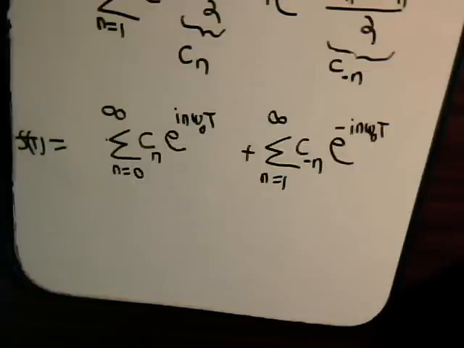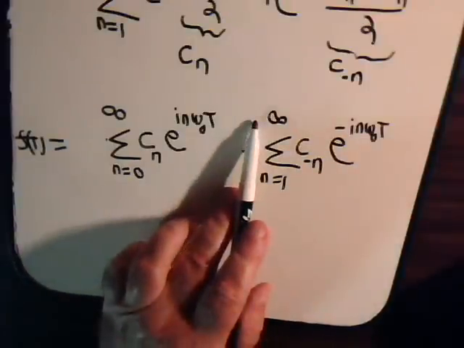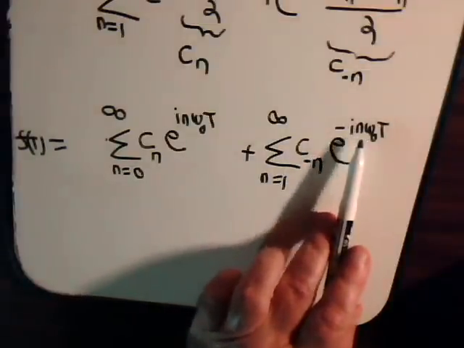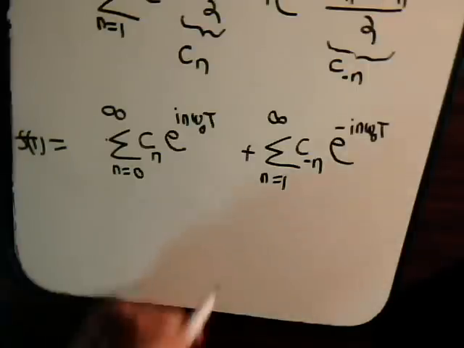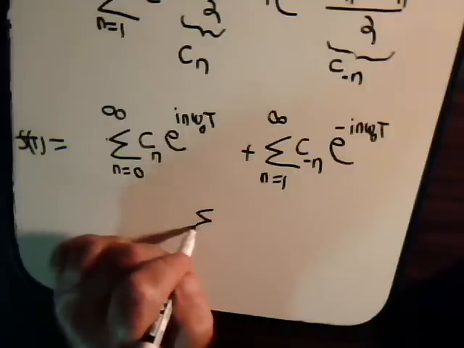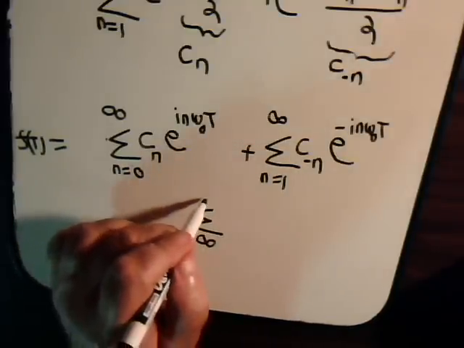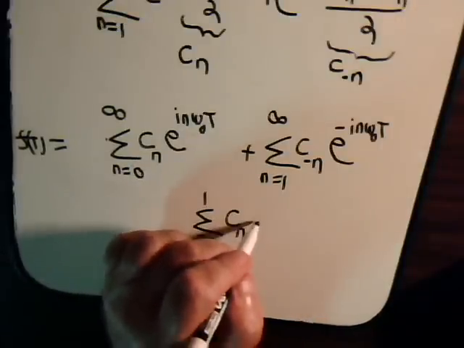Now, let's take a closer look at this part of the formula. What we have is we're summing from n equal 1 to infinity, negative n here and negative n here. So instead of doing it like that, we could just take the sum from minus infinity to minus 1 and have these as positive n's.